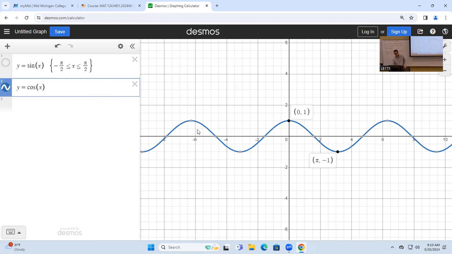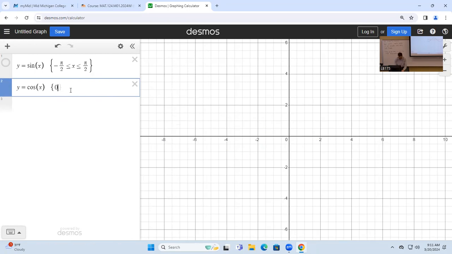That makes sense. So I'll write this all on the board in a second. But you can see if I restrict the domain of cosine to 0 to pi, it's both a function and it's also 1 to 1. And the starting value gives me a y value of 1. The ending value gives me a y value of -1.